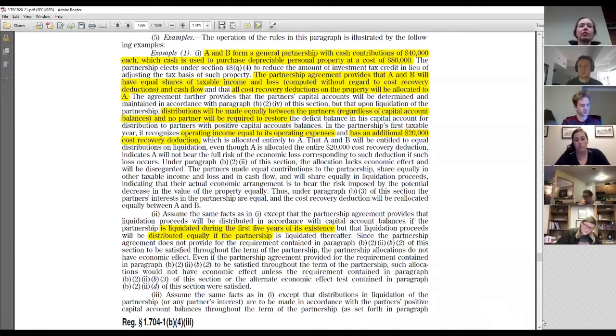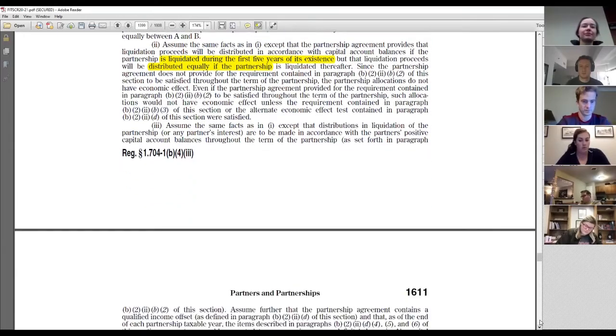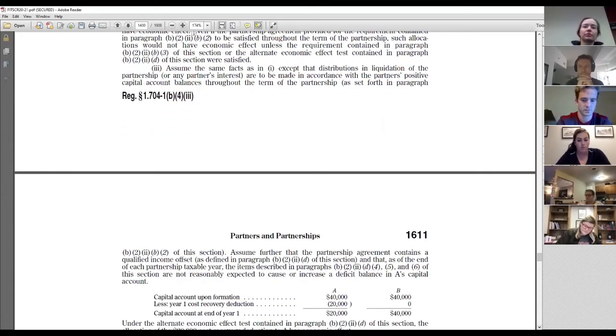Okay, we get into 3 little i's, and this is the alternate test. So again, same thing. We're specially allocating the depreciation to A. Now, we're going to maintain capital accounts, but we're going to satisfy prong 2. We're going to liquidate according to positive capital account balances.